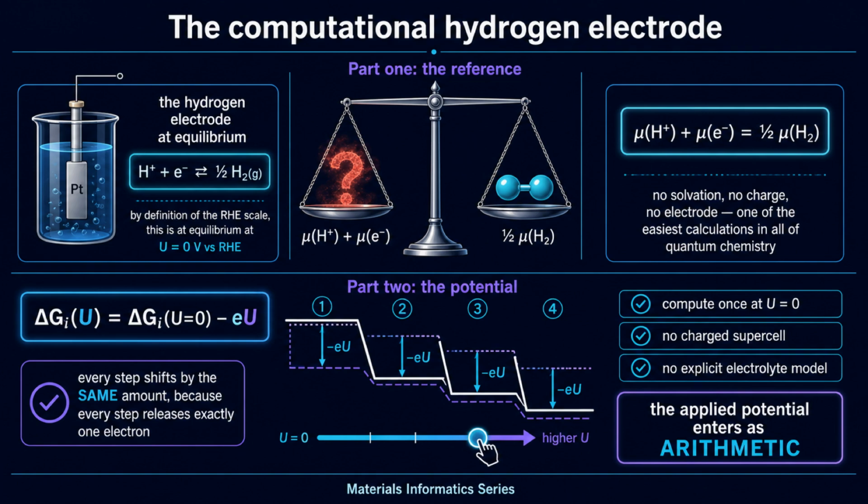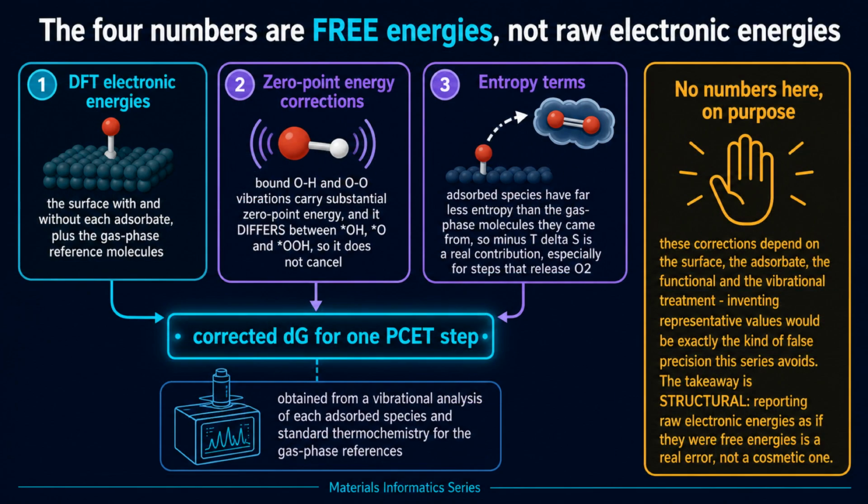The rest is arithmetic. The 4 numbers we feed the code are free energies, not raw electronic energies, and the difference matters. Each step's value is assembled from 3 contributions. Density functional theory electronic energies of the surface, with and without each adsorbate, and of the gas phase references.